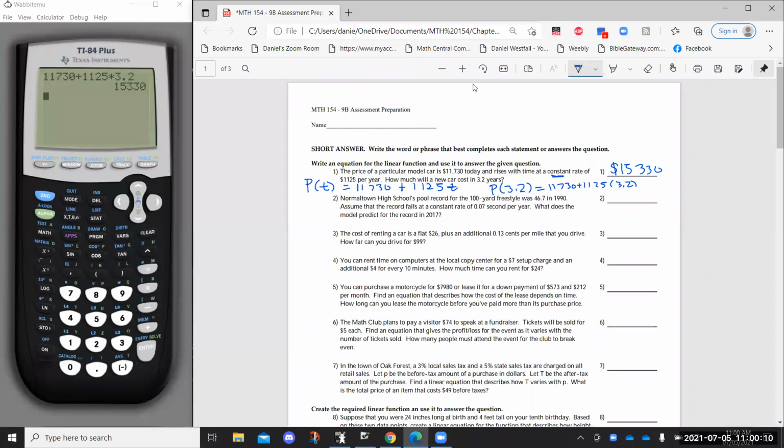And there we go. All right, now it wants me to write another formula like this one.